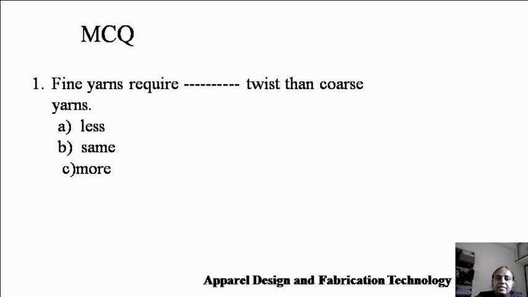First option is less, second option is same, and third is more. If it is less, it will be coarser yarn, but in the question it is fine yarn. So the answer is C, more twist than the coarse yarns.